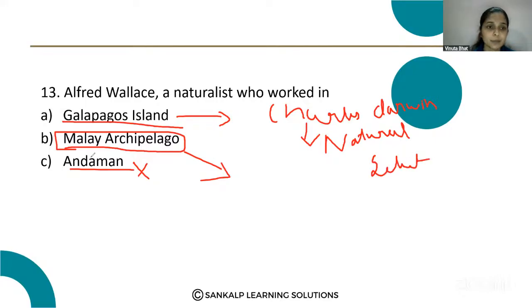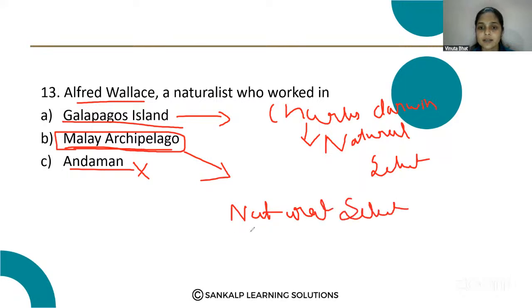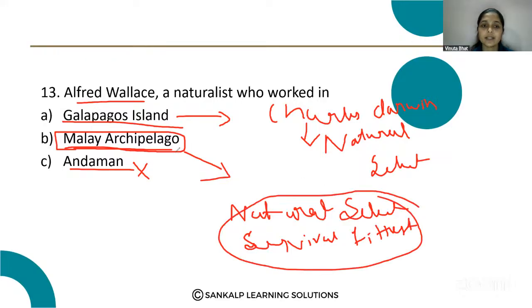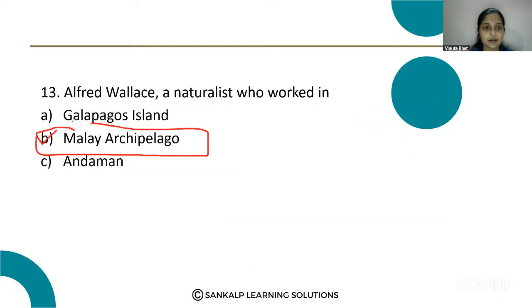At the same time period, Alfred Wallace, who worked on Malay Archipelago, came to the same conclusion, that is the theory of natural selection and survival of the fittest. Okay, so the correct option is option B, Malay Archipelago.